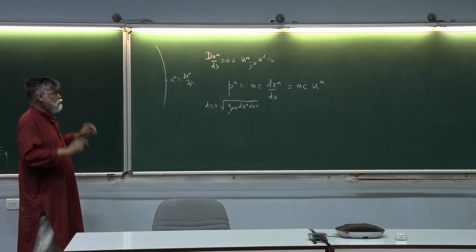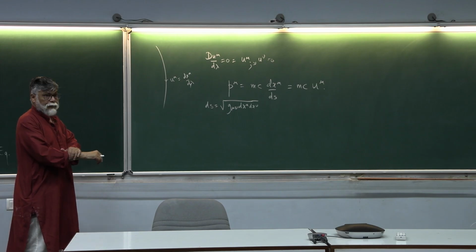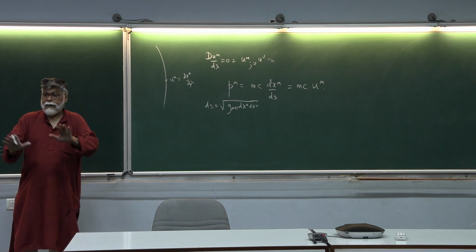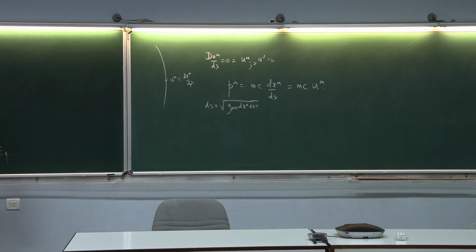Right. Therefore, we ask ourselves: here is a particle which is freely falling, p^μ is the 4-momentum, and it so happens that in this curved space-time you have a symmetry.